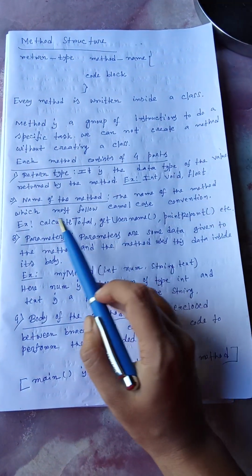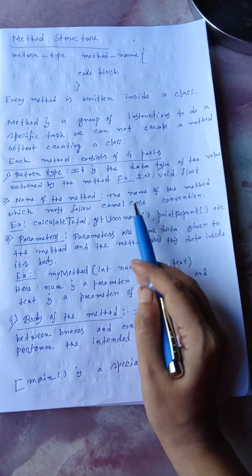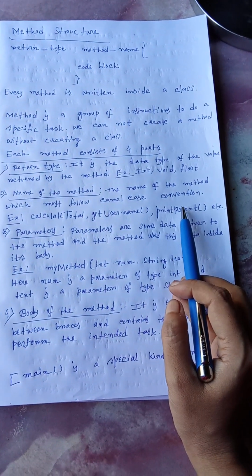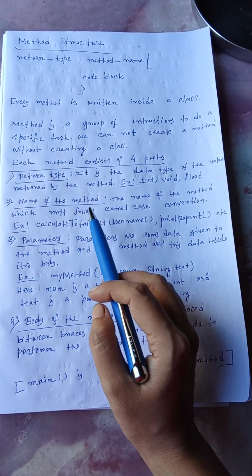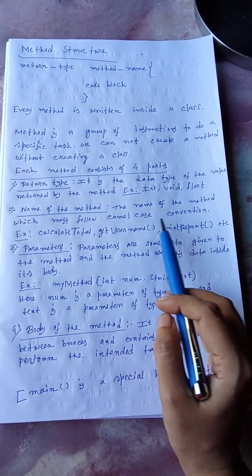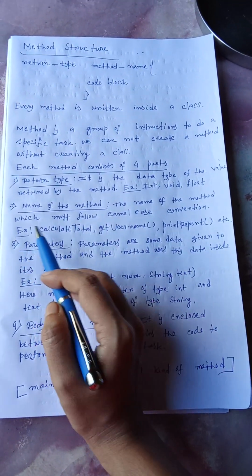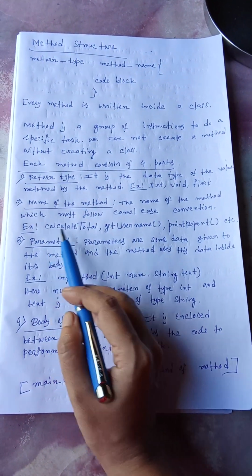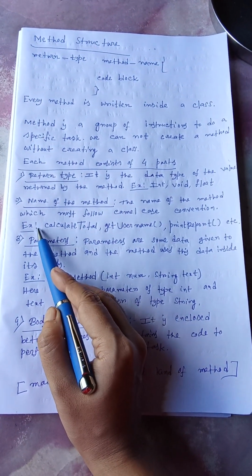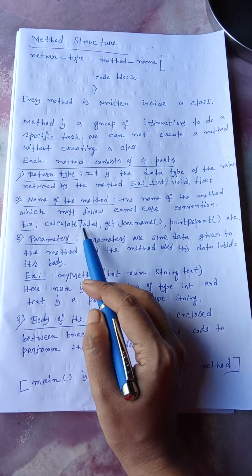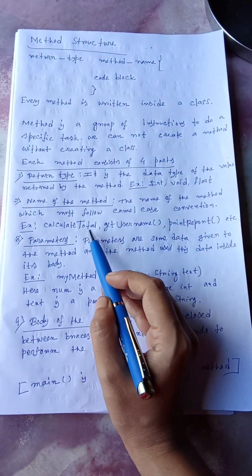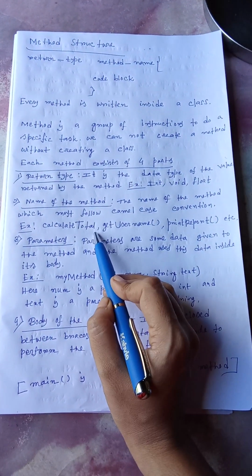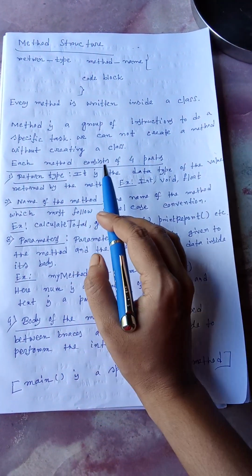Okay. Now name of the method. The name of the method must follow camel case convention. We will later study what is camel case convention, but for the time being, let's learn the examples. Example of naming a method, calculateTotal. Here the entire word calculate is written in lower case, but when we are writing total, the first letter T is written in uppercase. This is the format of a method name.